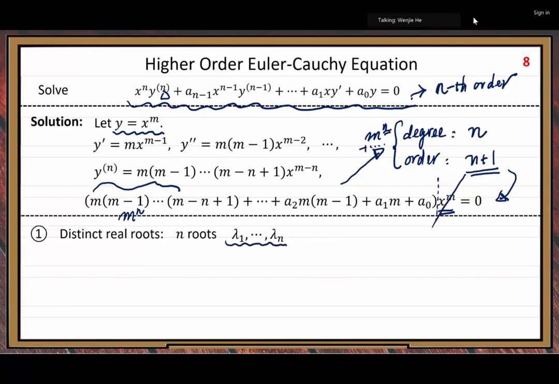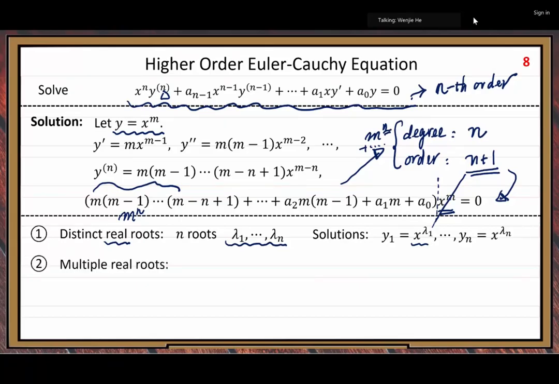And in this case, n real roots. We separate complex and real roots. So the first case, n real roots, then the solution is very simple: x to the certain lambda number. There are n different lambda numbers, so we get n different solutions.